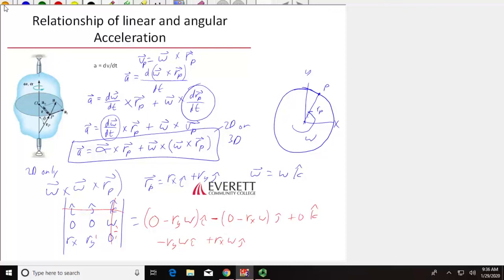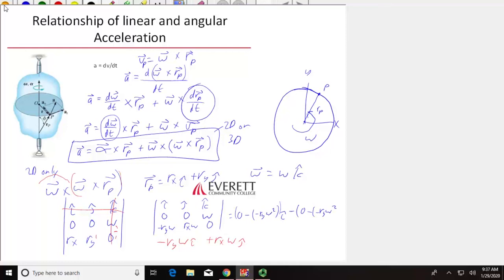Okay, so now what I want to do is the second cross product, which is this omega crossed with what we just determined. Our second cross product would be i, j, k, and then we'd have 0, 0, omega, and we'd have negative r_y omega, r_x omega, 0. We're going to have 0 minus negative r_y omega squared, i, minus 0 minus negative r_y omega squared.